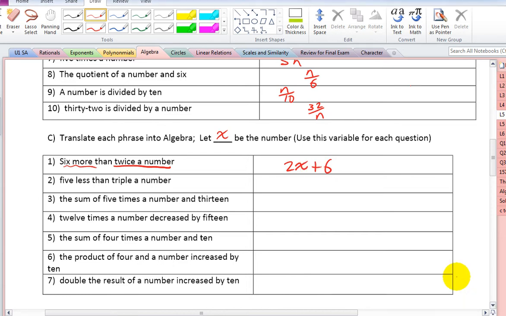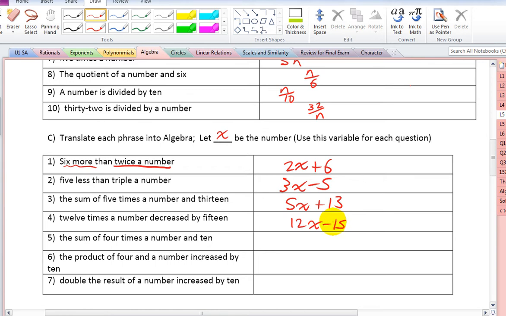Number 2. Let's go with Melanie. 3x minus 5. Next one. Let's go with Victoria. Oh, sorry. 5x plus 6. Good. Next one, number 4. Let's go with Nicole. 12x minus 15.